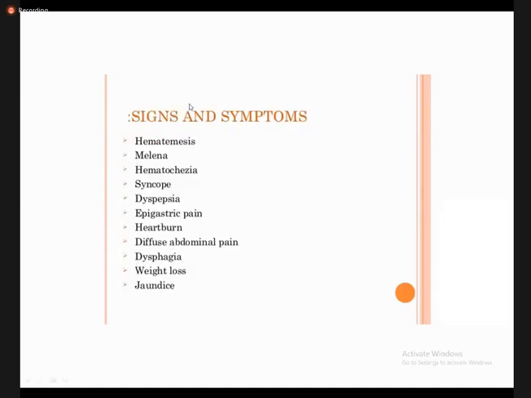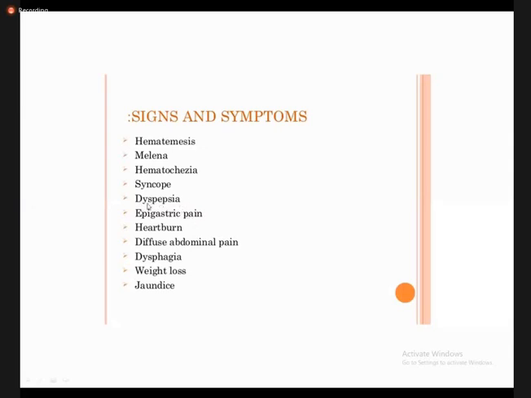So coming back to our slide, these are the signs and symptoms, which include hematemesis, melena, hematochezia, syncope. So obviously, when there is a blood loss, there is hypovolemia, the blood pressure of the patient drops, and the patient feels dizziness and syncope. Other common symptoms are dyspepsia and epigastric pain. In patients who have a history of ulcers, they take NSAIDs for a prolonged period.